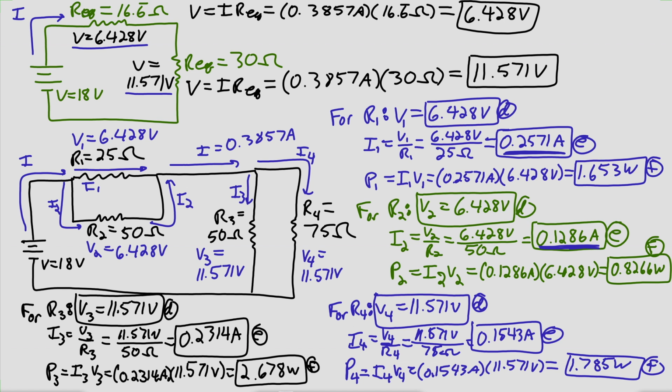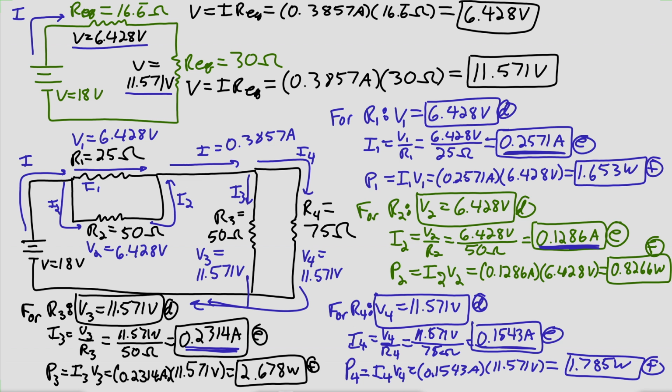How unlike me. So yeah, if you take your number for I3, 0.2314, add it to your number for I4, 0.1543, add those together, and you do in fact get 0.3857 amps. So that comes together. Sorry, these guys come together. And they become I again, down there at the bottom. So that is Kirchhoff's current law, how that works.